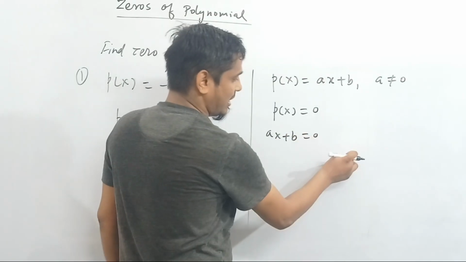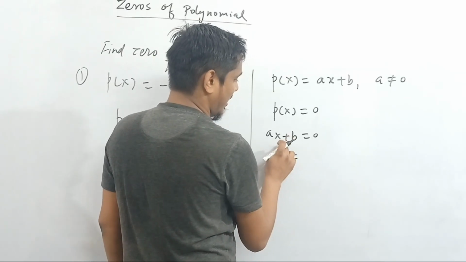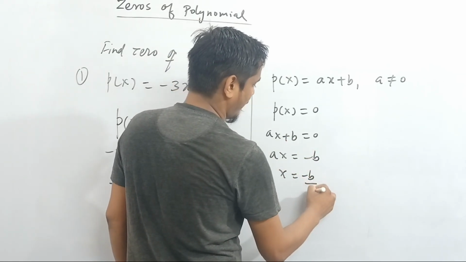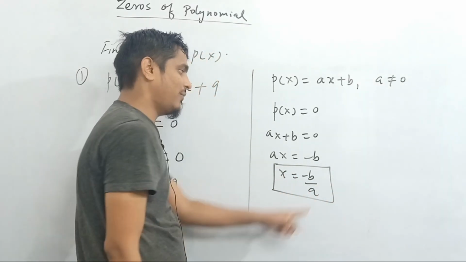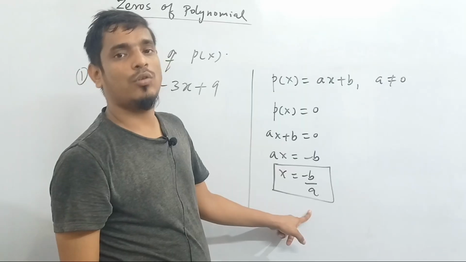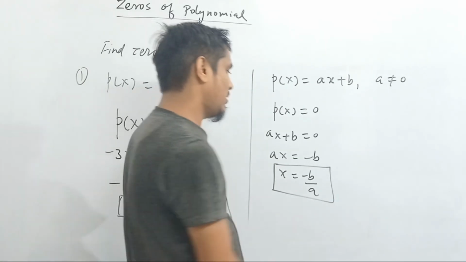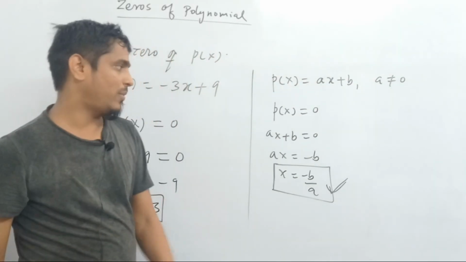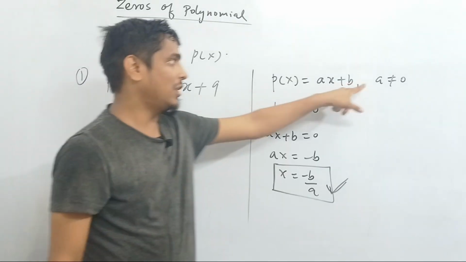Now shifting this b to the right, that is going to be negative b. So x is equal to negative b over a. So for a linear polynomial, the zero is given by negative of the constant over the coefficient of the variable x. This is the zero of any linear polynomial of this form, where a or b might be positive or negative, but the condition is a should not be 0.